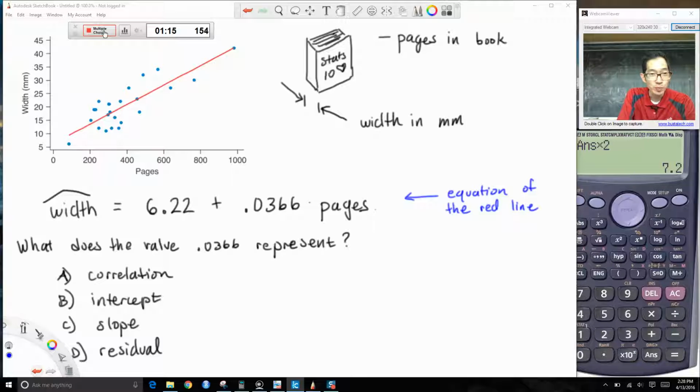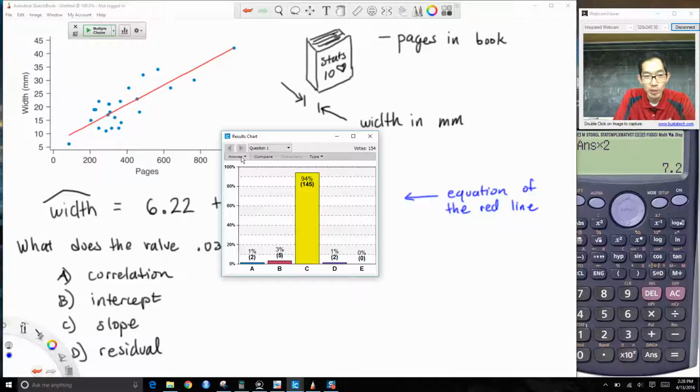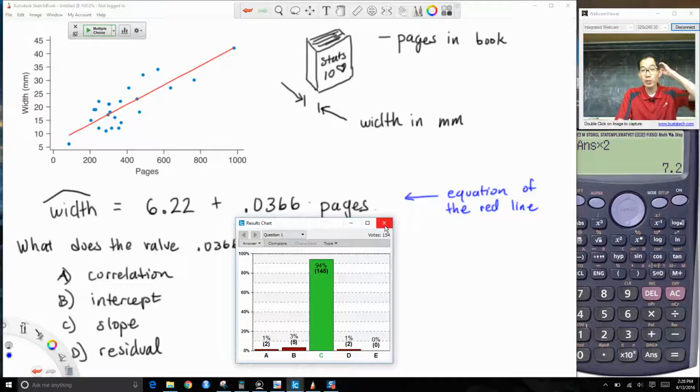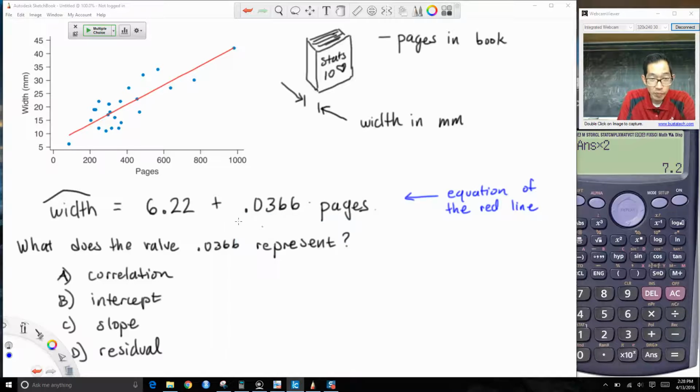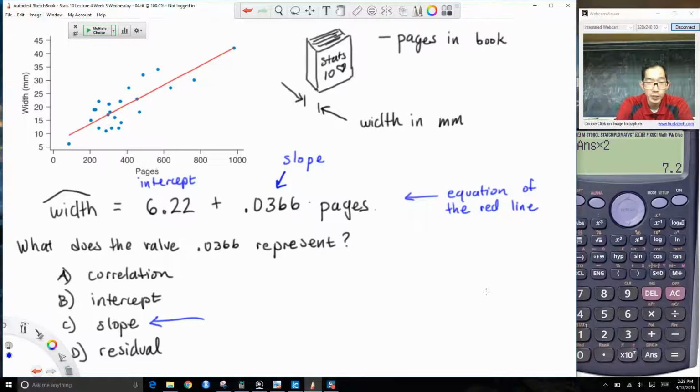Time's up. It looks like most of you got this, and a couple of you got it wrong. The answer is indeed C. 0.0366 represents our slope, and this over here would be our intercept of 6.22.